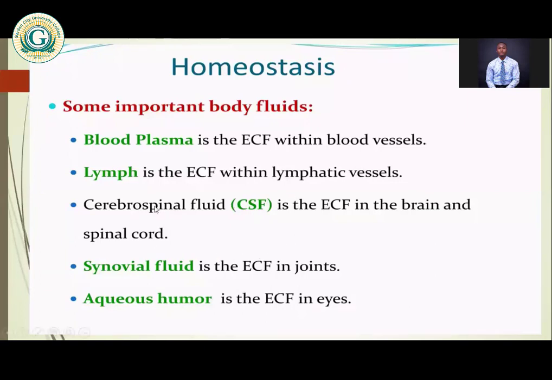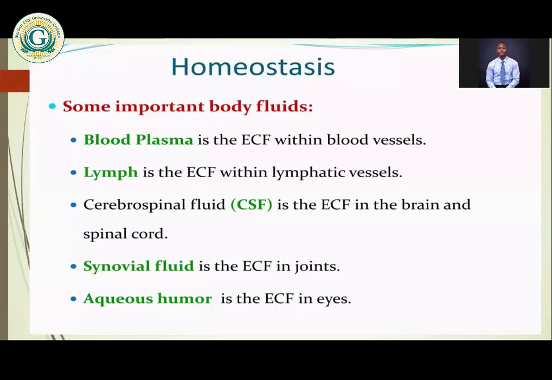So to better classify body fluids, we have two main categories: intracellular fluids and extracellular fluids. Under extracellular fluids, you can talk of interstitial fluid, which is the fluid surrounding the cell, and plasma, which is the fluid part of the blood. Then lymph, cerebrospinal fluid, synovial fluid, and aqueous humor all come under another classification called transcellular fluid.